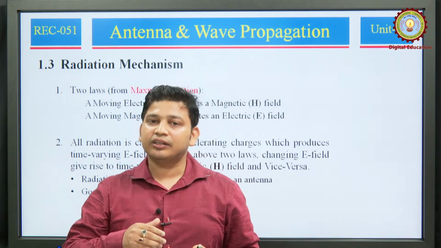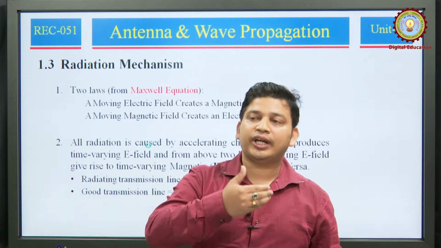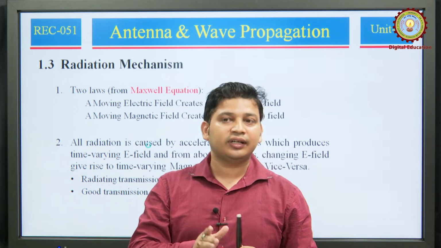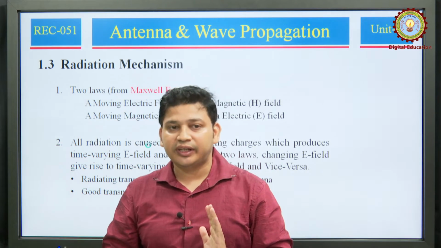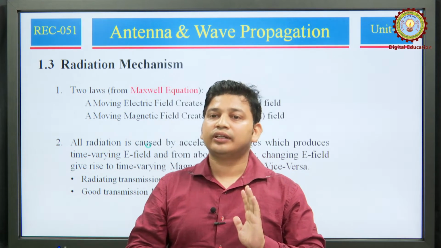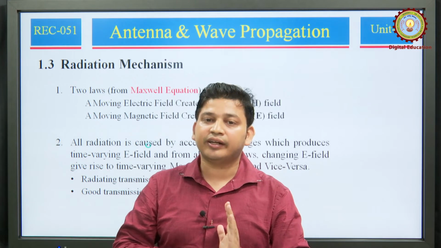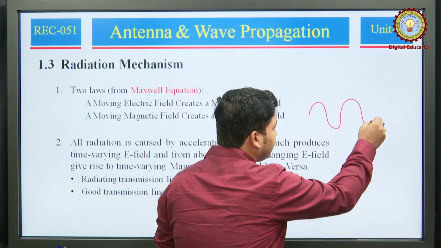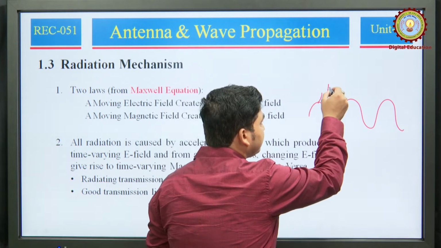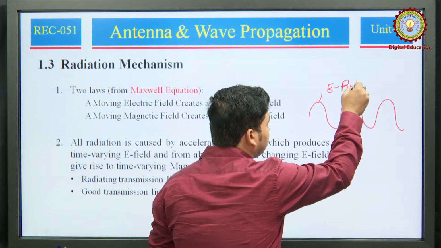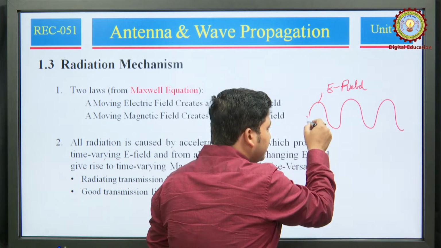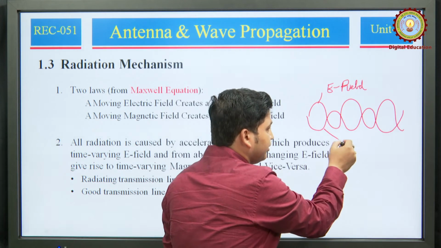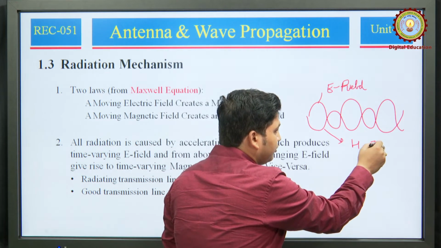This way the concept of generation of electromagnetic wave happens, but the most important thing is that the electric and magnetic fields, E and H, are out of phase by 90 degrees. So, if this is the E field, then the H field must be out of phase by 90 degrees.